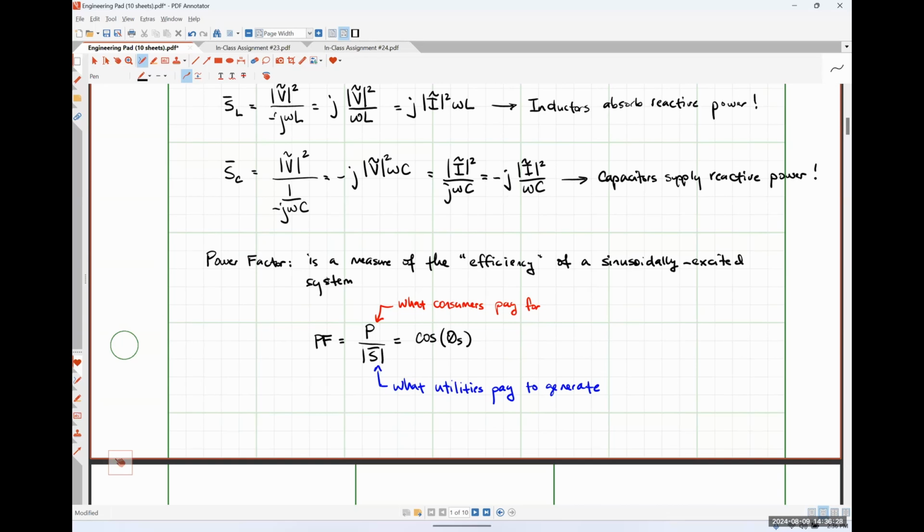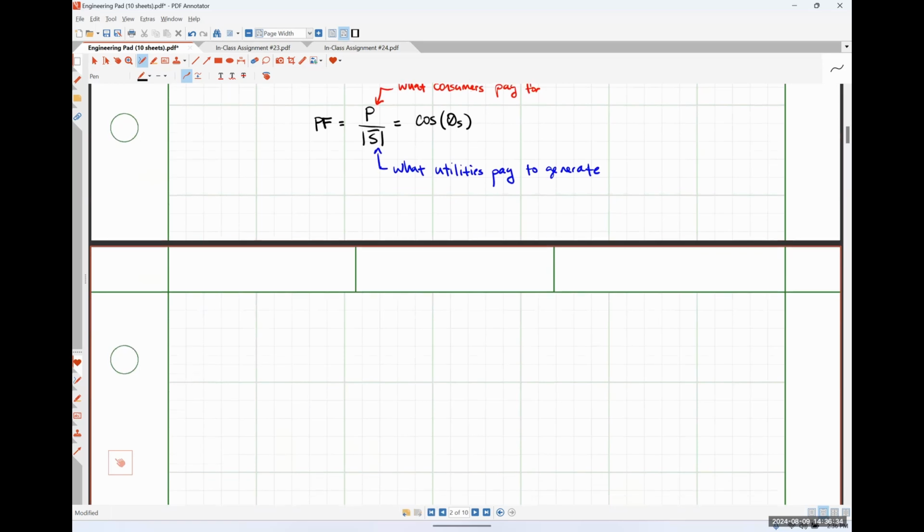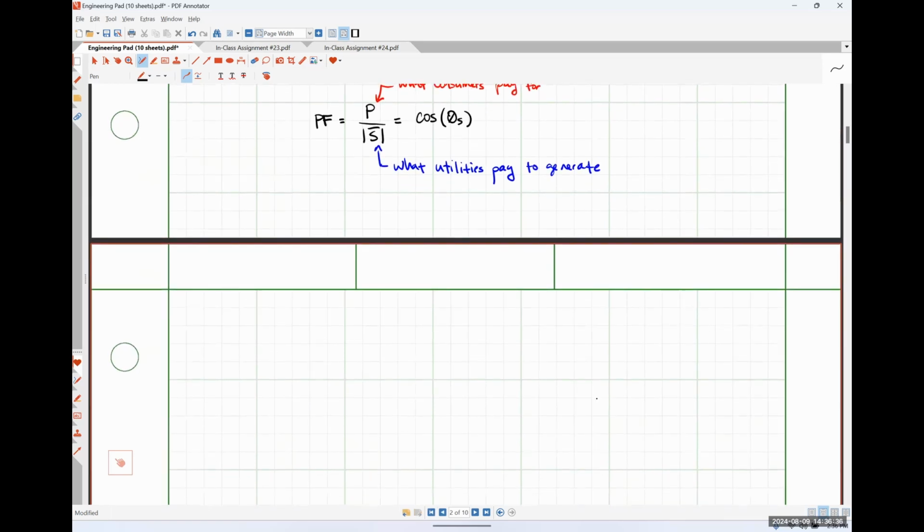Okay, so let's talk briefly about the relationship between power factor and power factor angle. Knowing the power factor tells us information about the angle and vice versa.